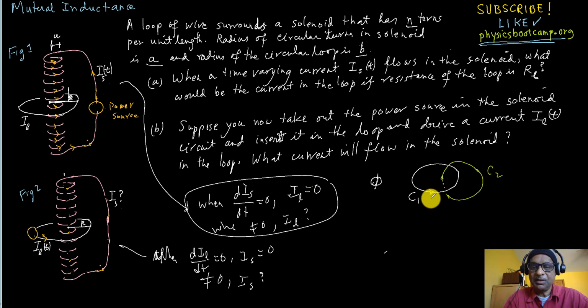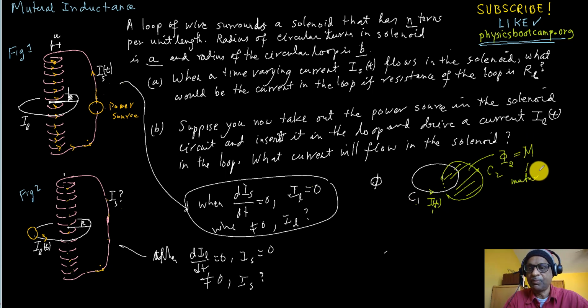If you have a current I_1(t) in circuit 1, then in the other circuit you will have a flux induced from it. So the flux in 2 will be due to the magnetic field created by this. We just say mutual inductance. This is called mutual inductance, times the current I_1.